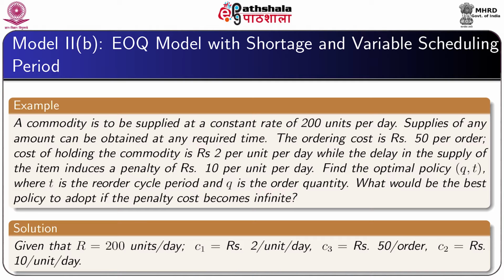So, it is given that the demand R = 200 units per day, holding cost C1 = rupees 2 per unit per day, the ordering cost C3 = rupees 50 per order, and the shortage cost C2 = rupees 10 per unit per day.